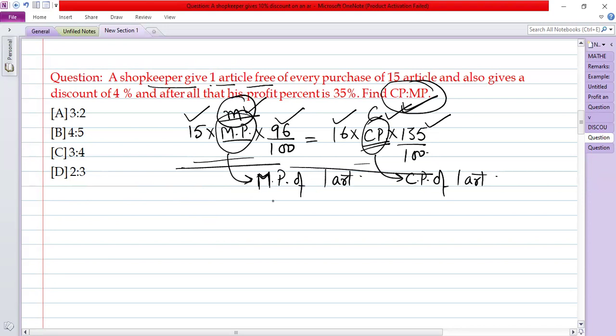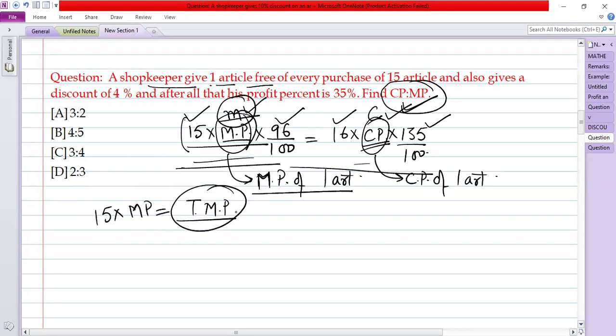Now here, this is the marked price of one article. So if I multiply by 15, meaning 15 into MP, that will be the total marked price of 15 articles. And what is the discount here? The discount is 4%.